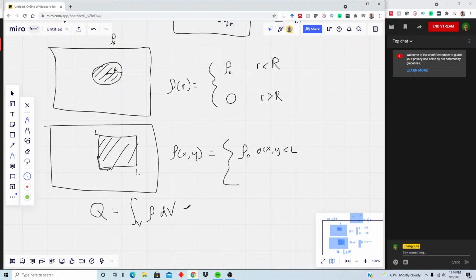To remember, you're always integrating over the full entire space.